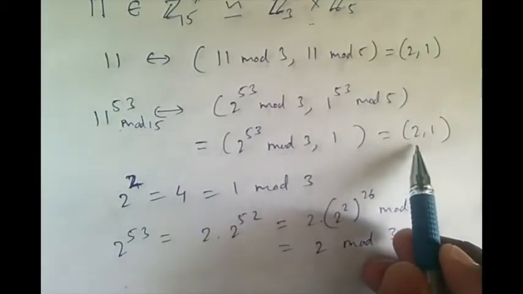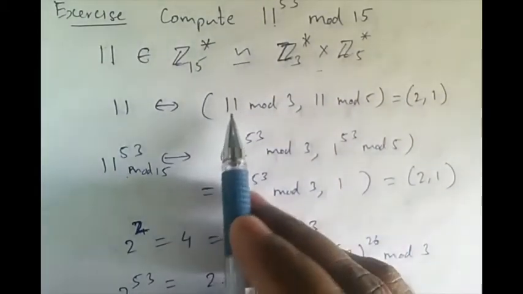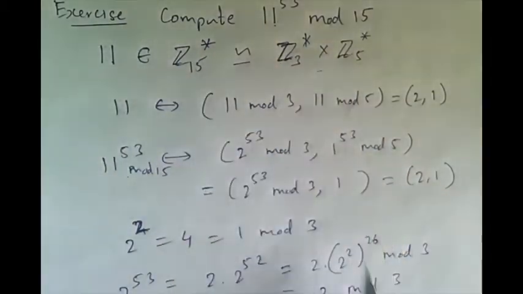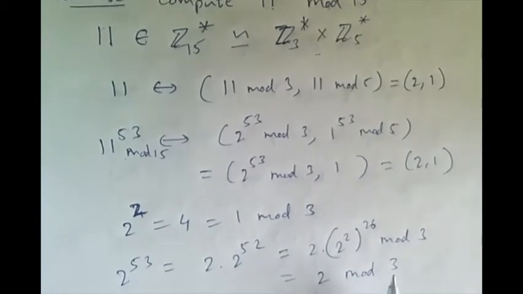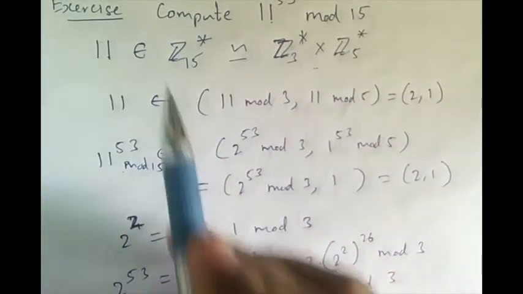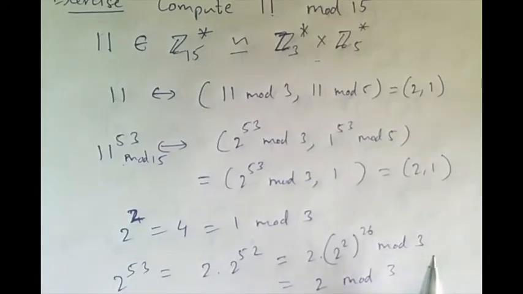So what is the element in Z15 star that maps to 2 comma 1? We have 2 comma 1 in this group, and we want to go back to Z15 star. How many elements does Z15 star have?